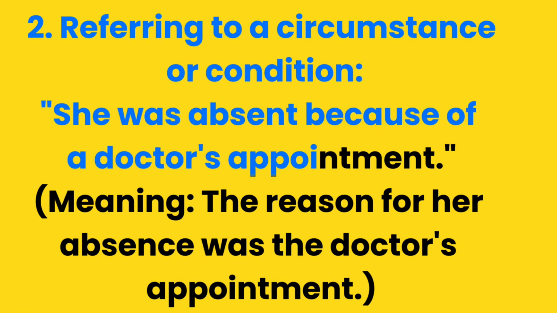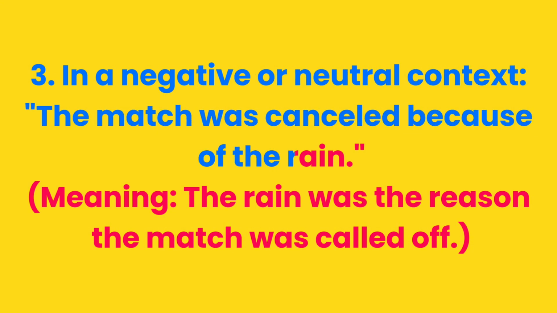Referring to a circumstance or condition. She was absent because of a doctor's appointment, meaning the reason for her absence was the doctor's appointment. 3. In a negative or neutral context. The match was cancelled because of the rain, meaning the rain was the reason the match was called off.